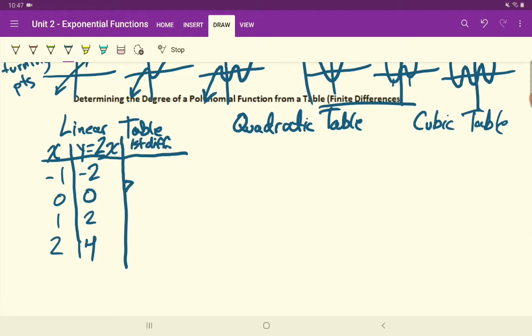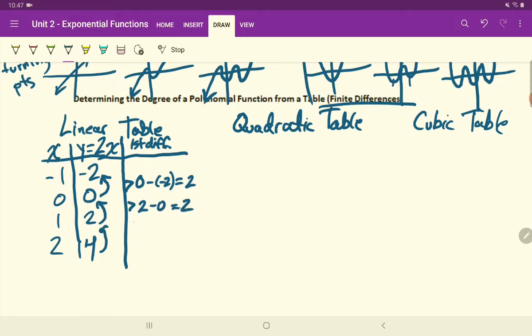And then if I have to find more differences, I would go on to my second differences, and so on and so on. So for linear functions, you take the second value minus the first. So 0 minus -2 is +2. Then do 2 minus 0, +2.